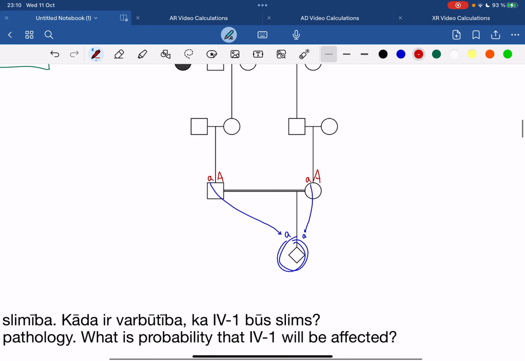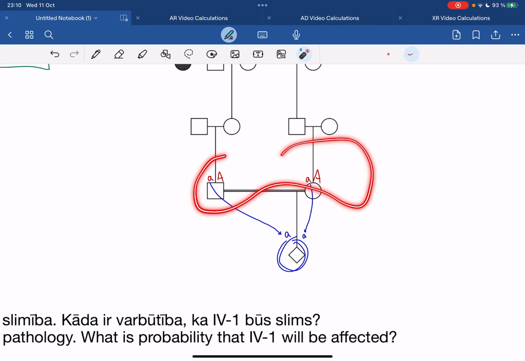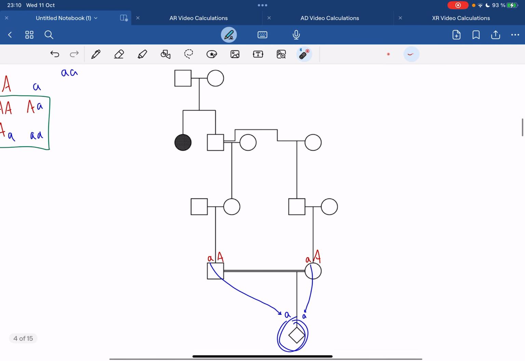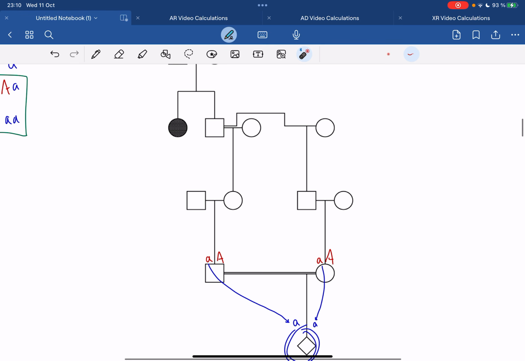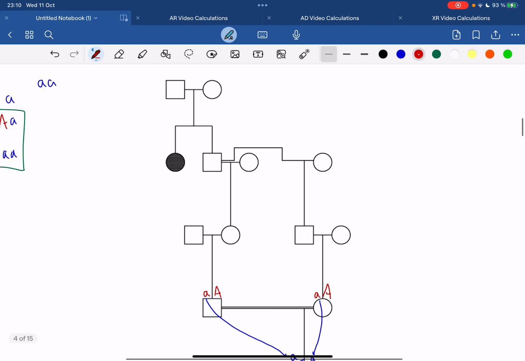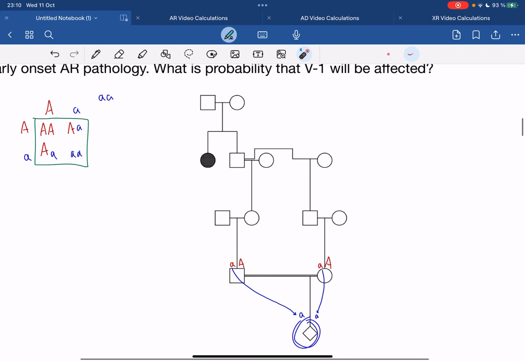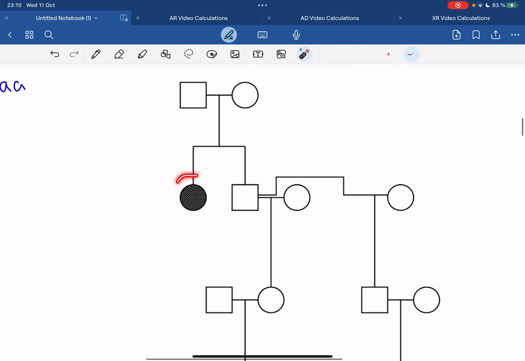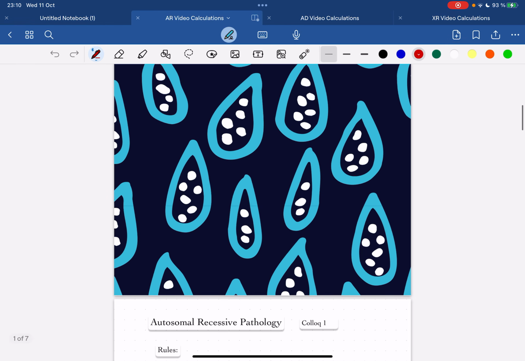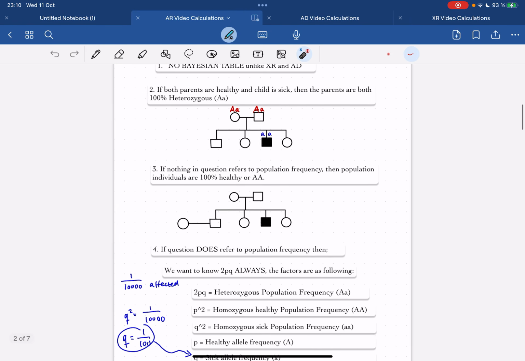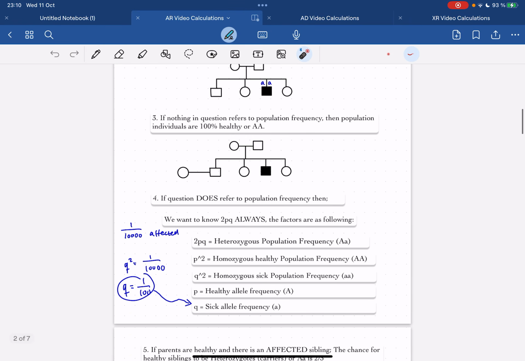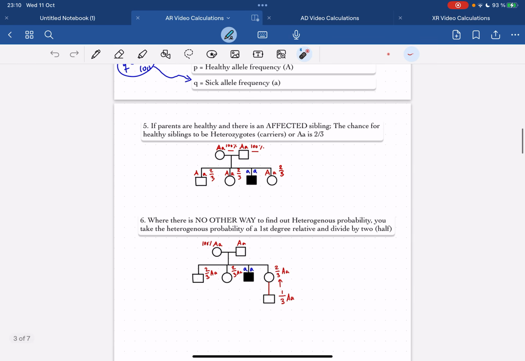Okay, but what is the chance for these parents to be heterozygous? Or yeah, I did use the right term this time. So we go according to the nearest affected person, which would be this person in that case. What do we know about this person? Well, if we look at the AR rule book, here we go.